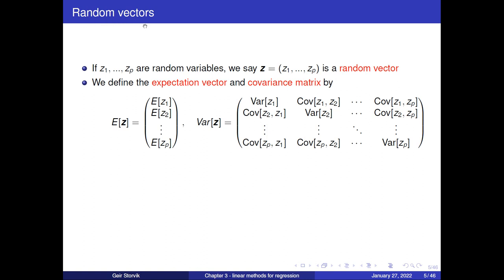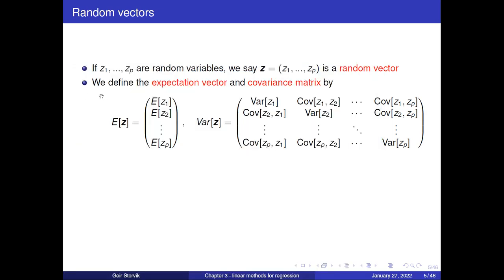We have in earlier courses talked about random variables, but we will just generalize this now to vectors. It's in some sense an obvious extension, in that if we have a set of random variables, Z1 to Zp, then if we make a vector of those, we call it a random vector. So it's not more complicated than that.